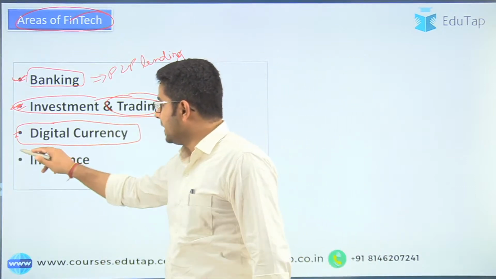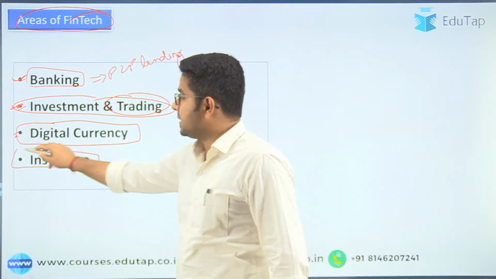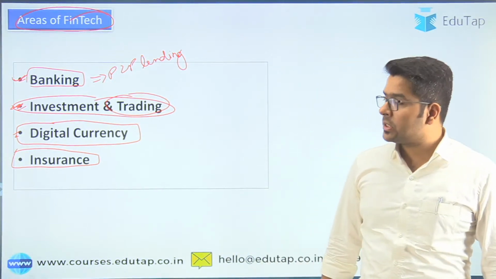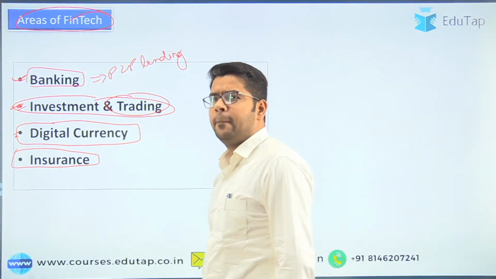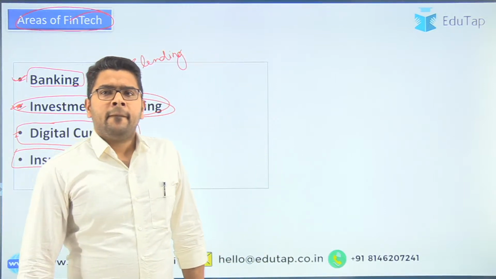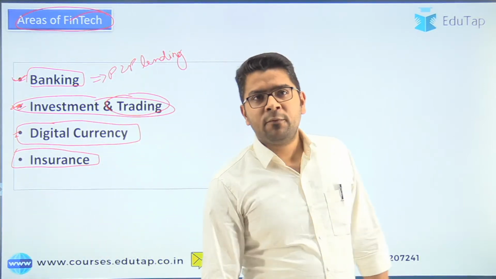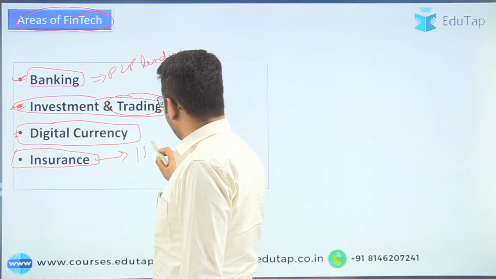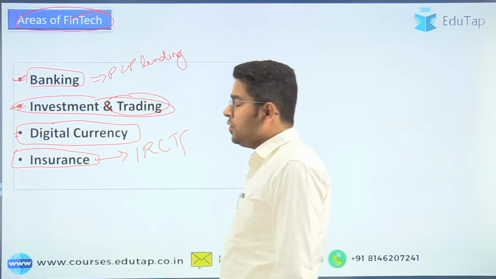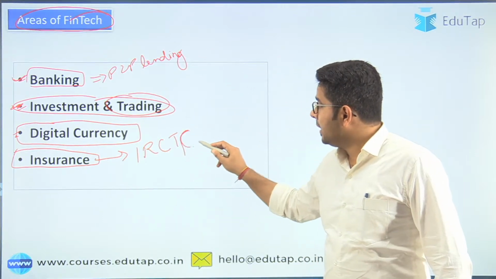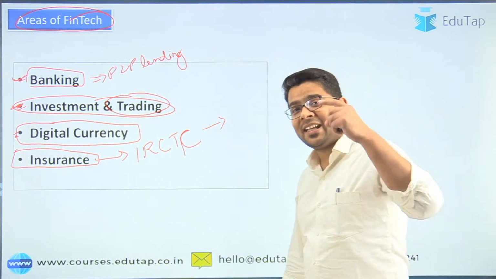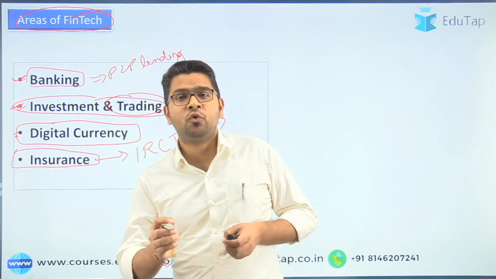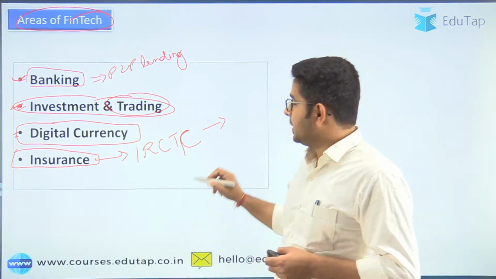And the fourth area is insurance. Sandeep, can you tell me the application of FinTech in insurance? Any example here? Let me give you the example. When you book an IRCTC ticket, while booking the ticket you get a facility to avail insurance while traveling, and you have to pay only 0.49 rupees.